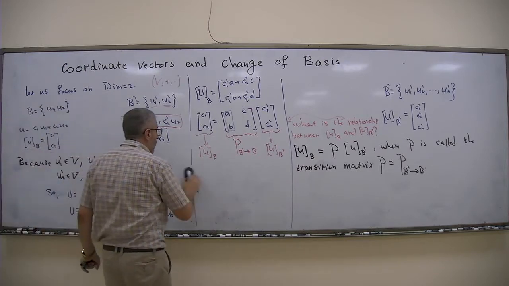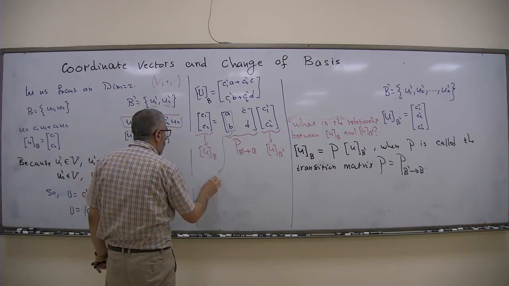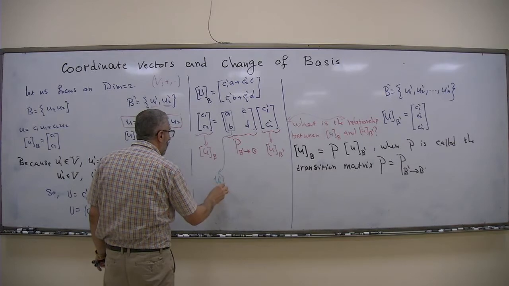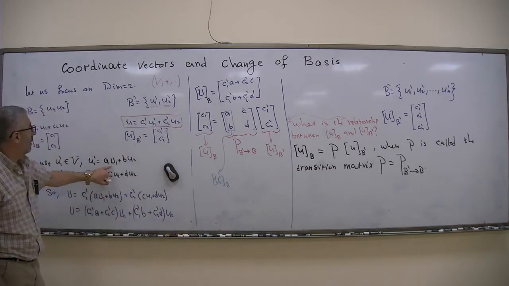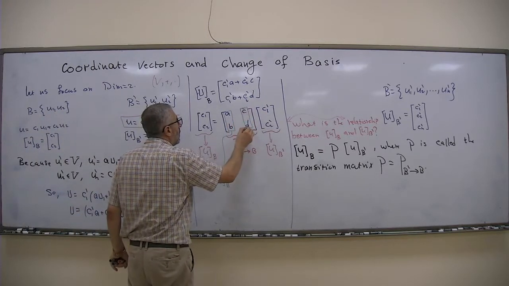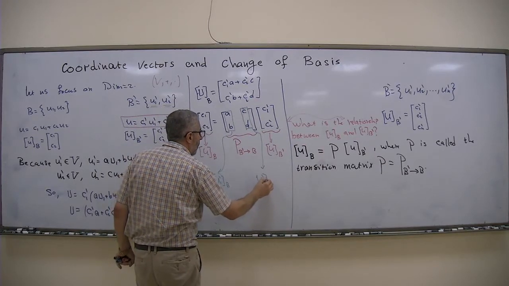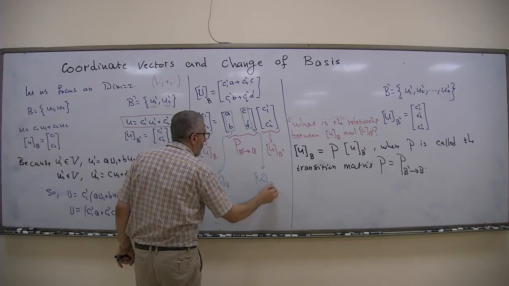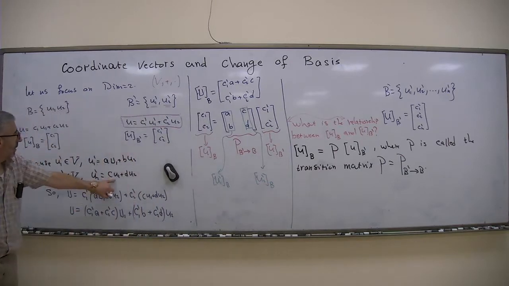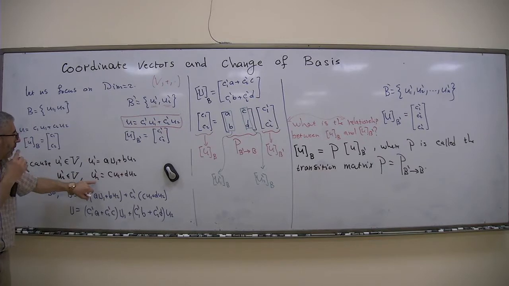So this is, in fact, U1 prime when you write it with respect to B. And the second column, this is, in fact, U2 prime when you write it with respect to B. C, D. That is the coordinate vector of U2 prime when you write it with respect to this basis.